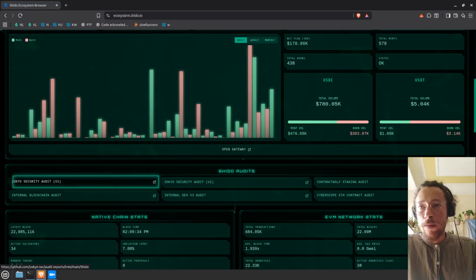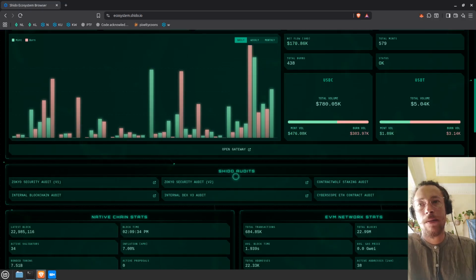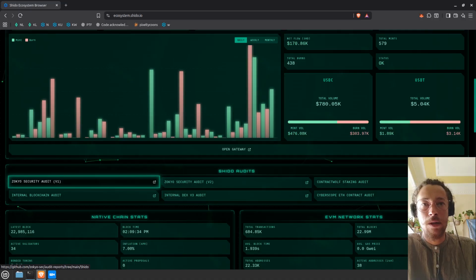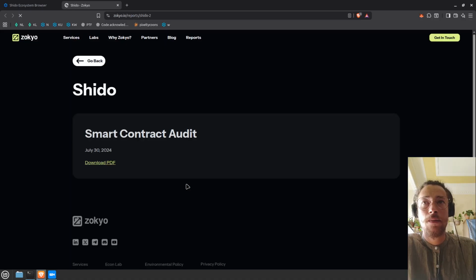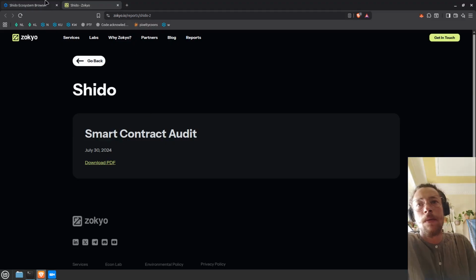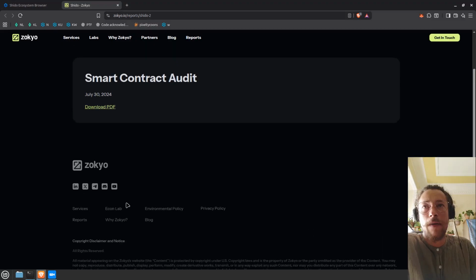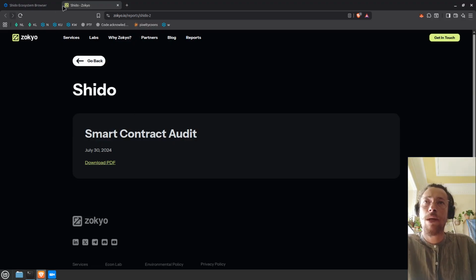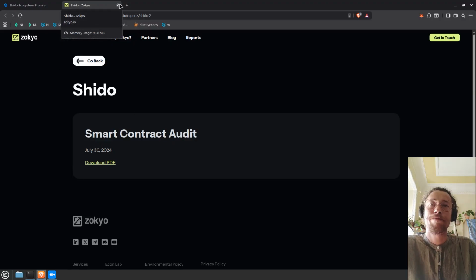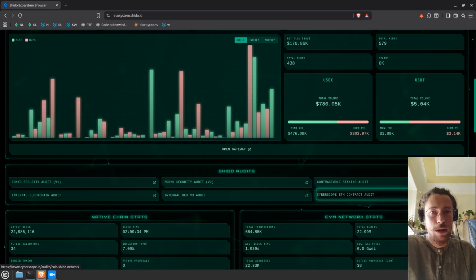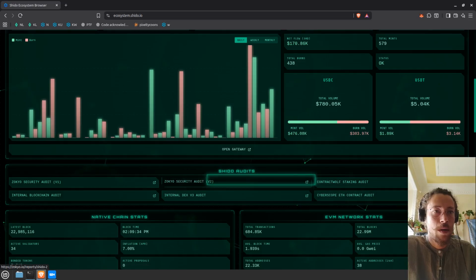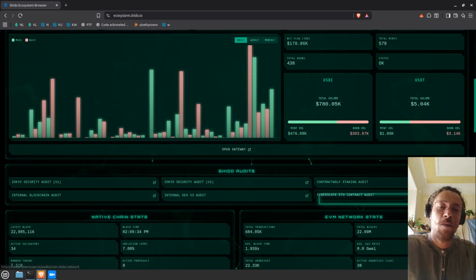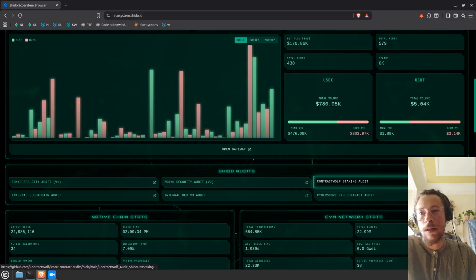And right below, Shido audits. You can check each of these from the official Zokyo webpage, and you can download the PDF, you can consult the information, it's public, and having all this information on a single page, if you know where to find it, it's always easier than not.